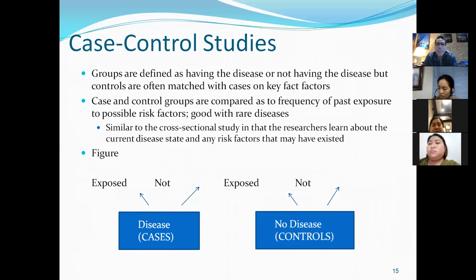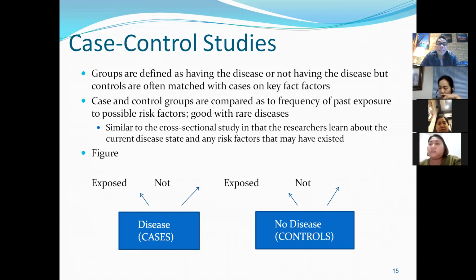They already define those groups having the disease. That's why we call it the case. And then the other group is considered as not having the disease, and this is what we call the controls. So case and control groups are compared as to frequency of past exposure to possible risk factors.